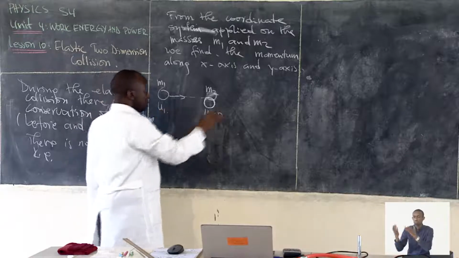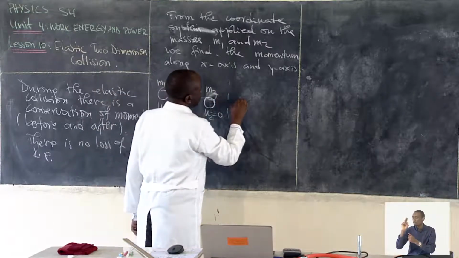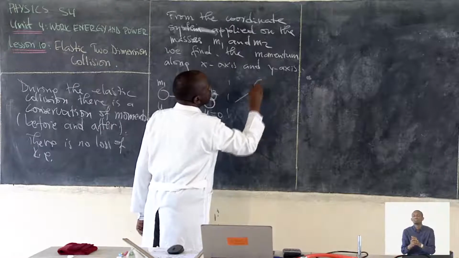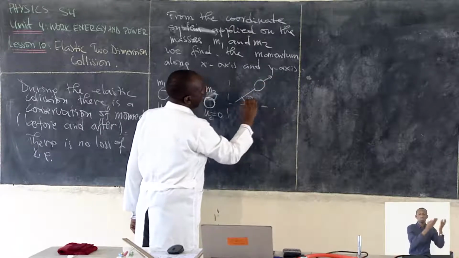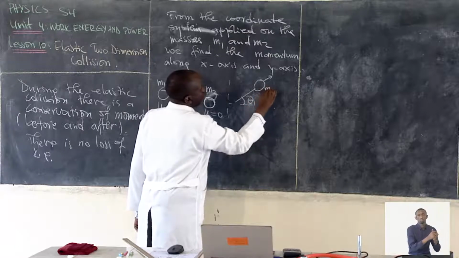After collision, one ball takes this direction, and with respect to this one we have θ1, and this is M1.